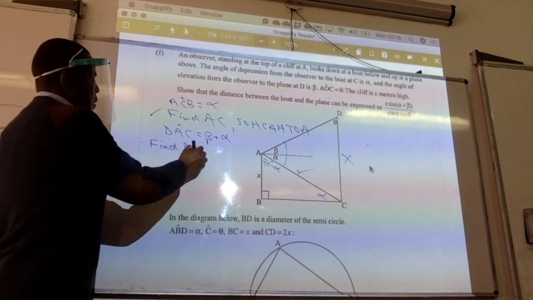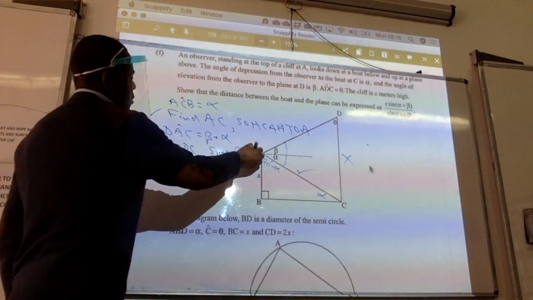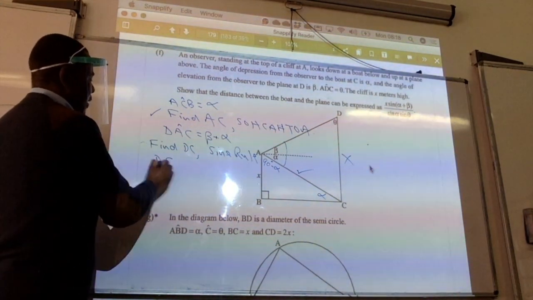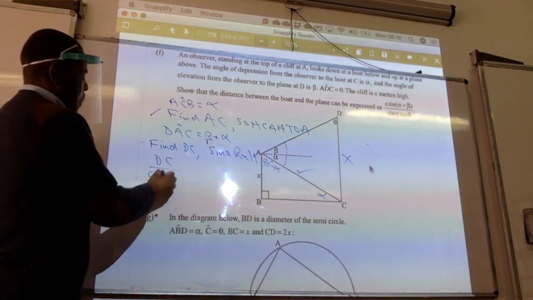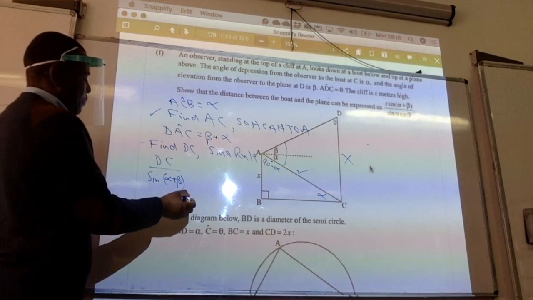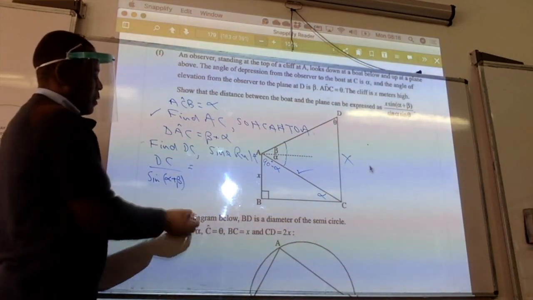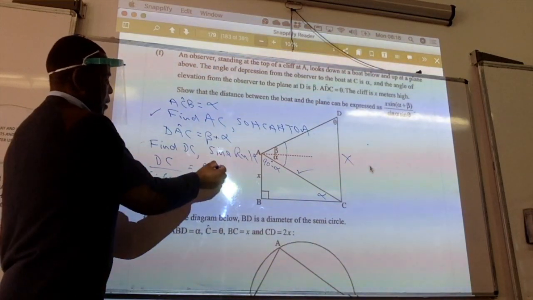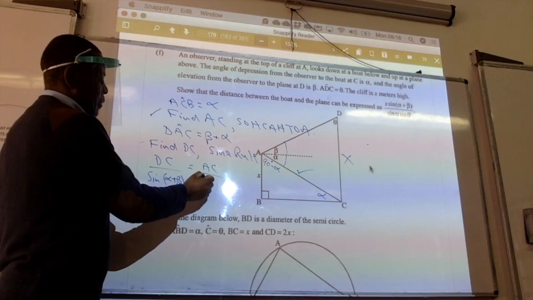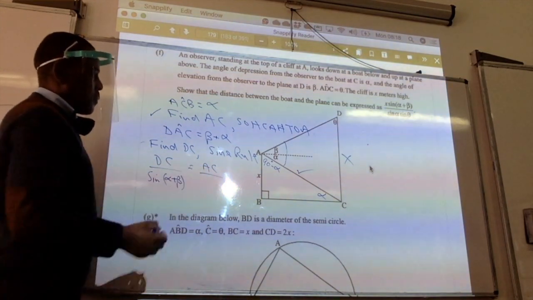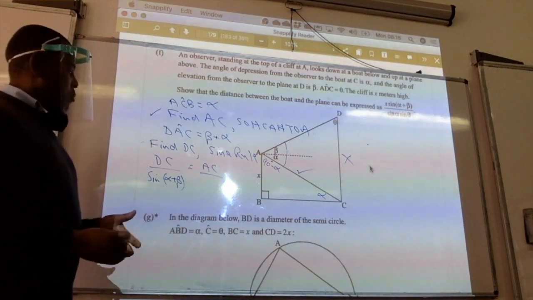Yes. We say find DC, use the sine rule. So DC divided by sine of alpha plus beta should be equal to the length AC divided by sine theta, using the sine formula.